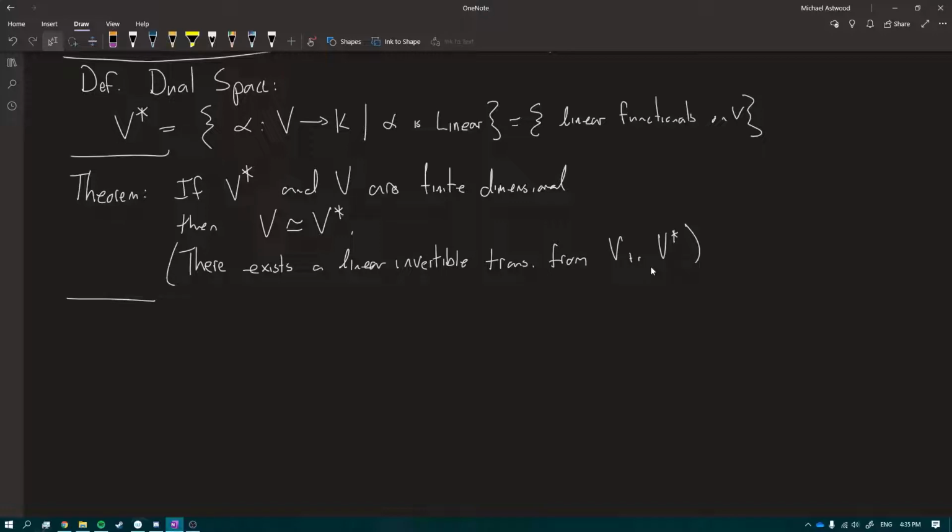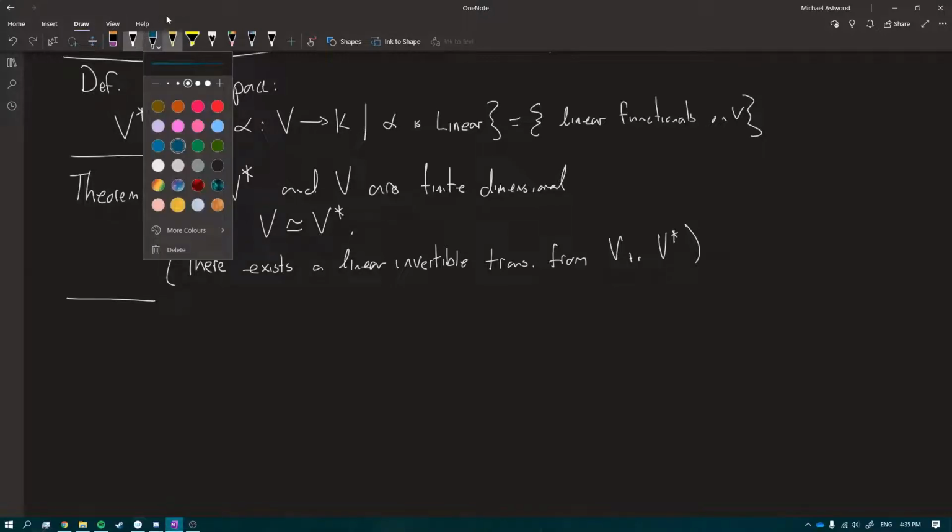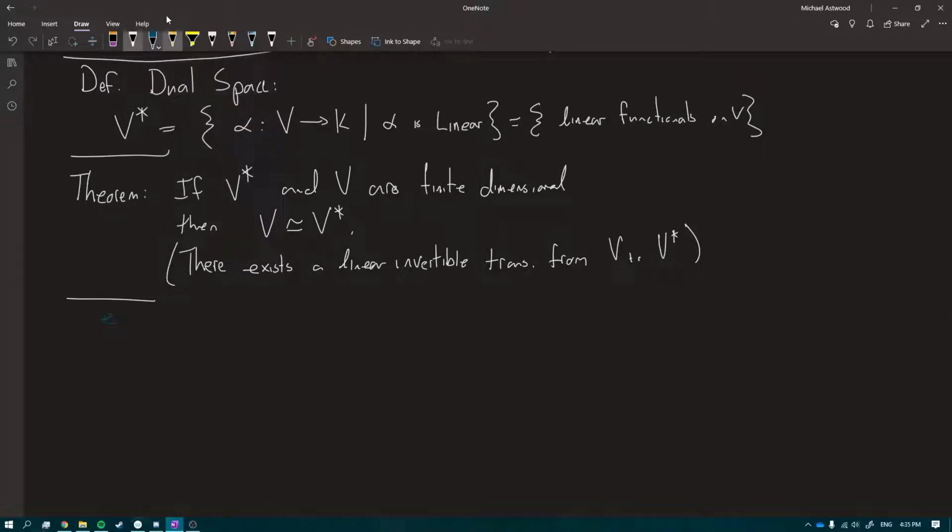The example I like to use is the transpose, so let me do that in a new color. My pen's not working. Okay, so example. So Rn is the space of all column vectors of dimension n.